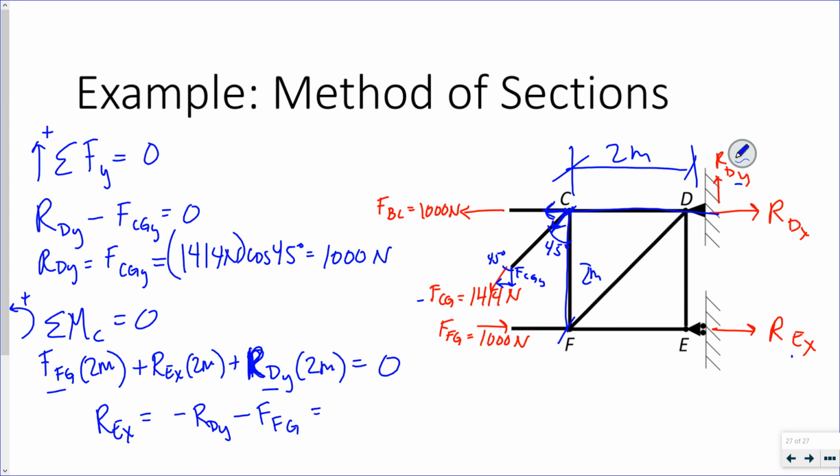So it would be negative 1,000 newtons minus 1,000 newtons. Negative only means that I assumed it was acting to the right, and it is acting to the left.